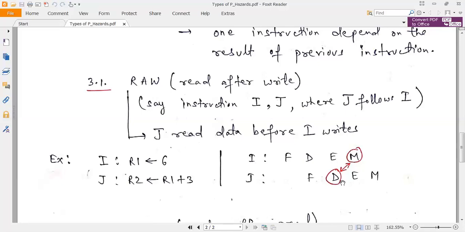But see, the decoding of J is done before memory write back of I. That means J is getting a different value. The expectation is that J will get the value of R1 as 6, but 6 is stored here, in the M part. Before 6 gets stored, J is already reading the value while decoding. So J will get a wrong value. So this is part of data hazard, that is RAW.